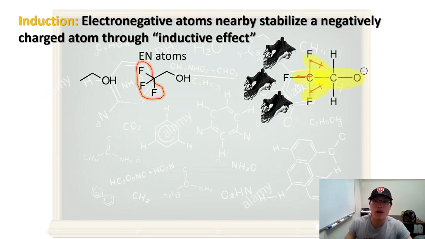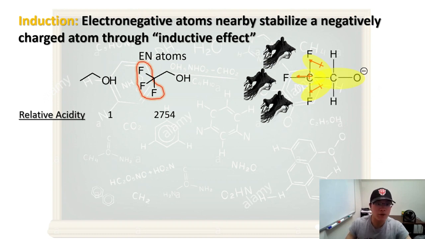So instead of the electron density staying on just the oxygen atom, it's spread out a little bit further to the fluorine right here. Which means that the conjugate base of trifluoroethanol is more stable than ethanol, no fluorine, helping stabilize the charge. And the relative acidity is much higher here, almost 3,000 times.